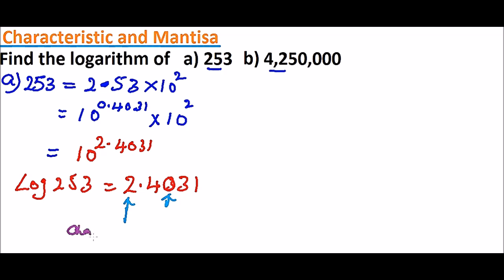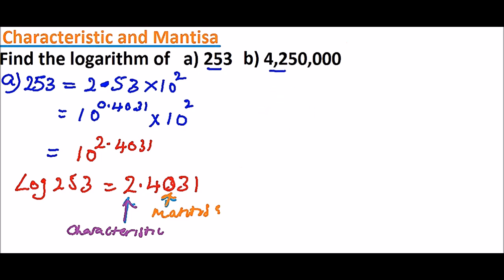So this is the characteristic, the positive number here, and the mantissa is this one. This is referred to as the mantissa. So in logarithm, that is the characteristic and the mantissa.